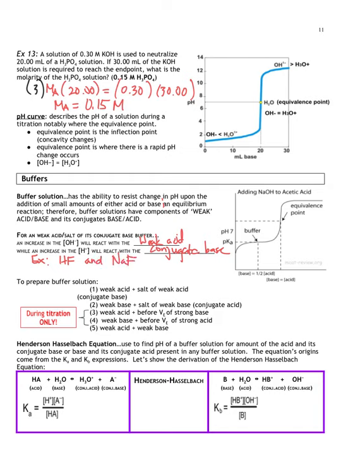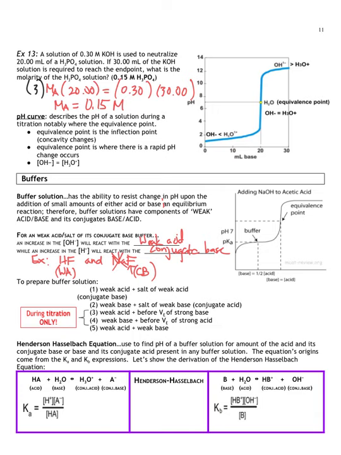Notice, HF is the weak acid, and F minus specifically, not the Na plus, which we know is a neutral ion, is the conjugate base of that weak acid. So that's how we make our buffer solution. I add a little bit of hydrofluoric acid, then add some sodium fluoride salt pellets, solid salt, into that solution, and now I've made a buffer solution. That's how easy it is.